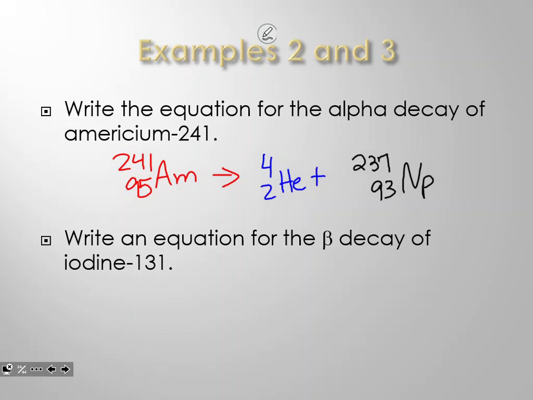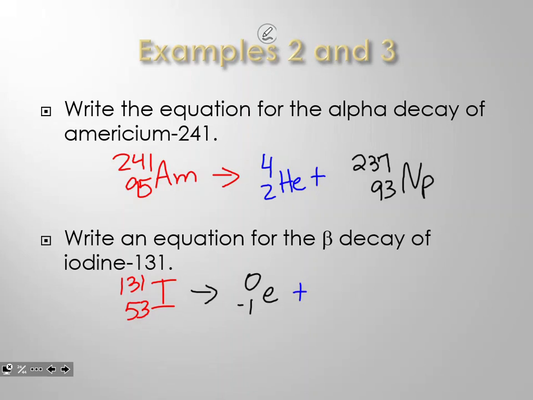Now let's look at doing the beta decay of iodine 131. Once again, I would start over here by putting my parent in. I have I 131, and iodine is what, 53? Okay, so it's going to undergo a beta. I like to use the electron notation myself.